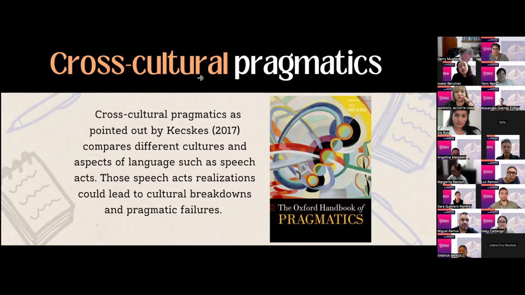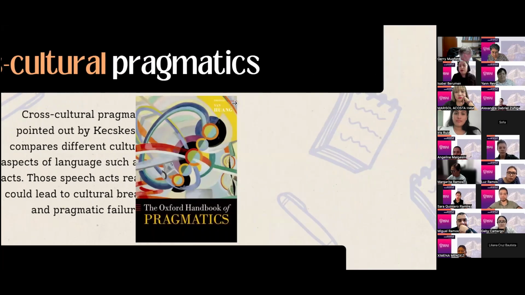Also, it's important to consider cross-cultural pragmatics because we have speech acts and functions that vary according to different cultures, as Kishki says. And if you don't understand each other, this could lead to cultural breakdowns or pragmatic failures.